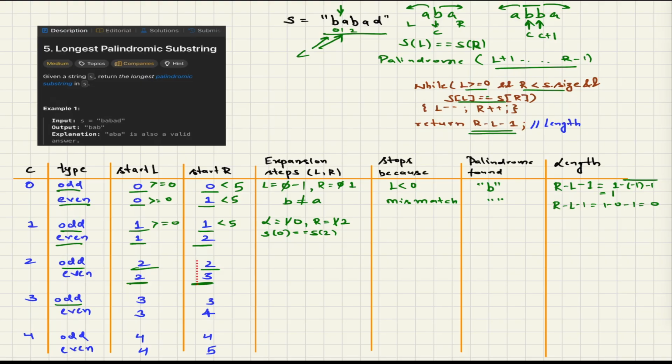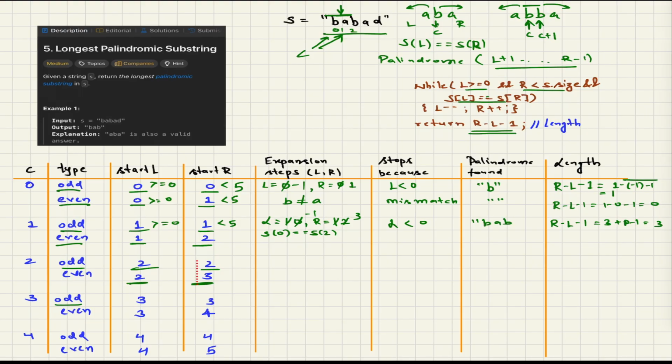My L is going to become minus 1, and this is going to become 3. Now since L is less than 0, we are just going to return the length, which was R minus L minus 1, which is nothing but 3 minus minus 1 minus 1, which is nothing but 3. And we know the palindromic substring that we had found was nothing but BAB.